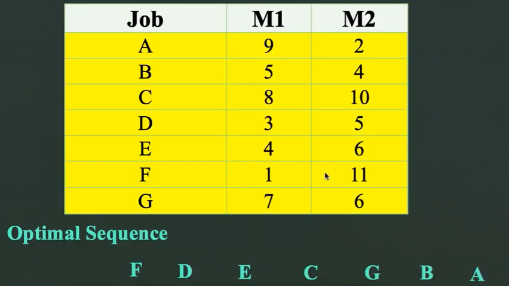But the same job, job F, is to be processed on machine M2 for 11 hours. For how many hours? For 11 hours, right?